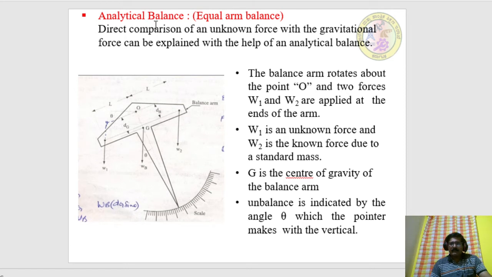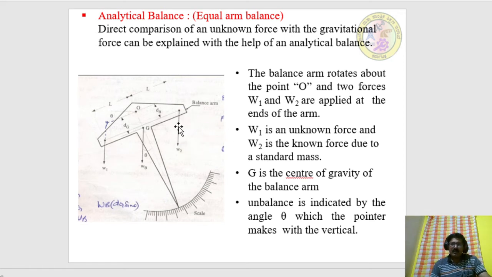The analytical balance has a balance arm that rotates about point O, and two forces, namely W1 and W2, are applied on either end of the balance arm, onto the left extreme and onto the right extreme. W1 is an unknown force.